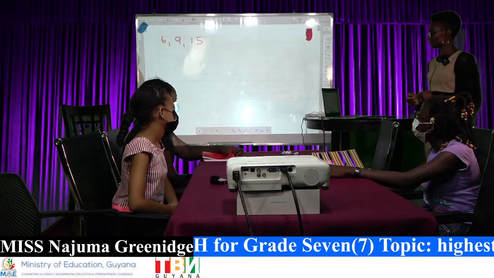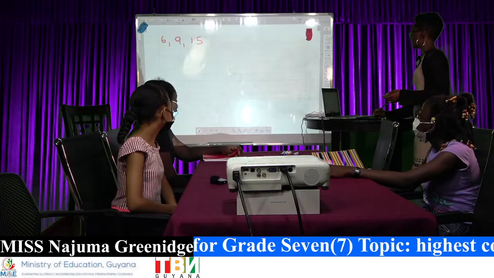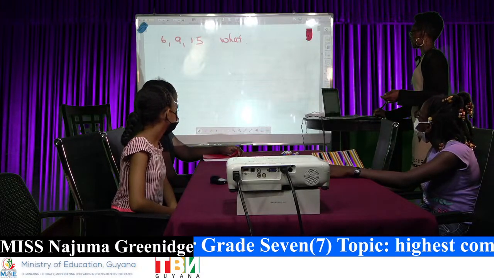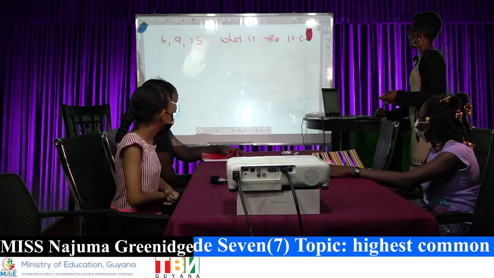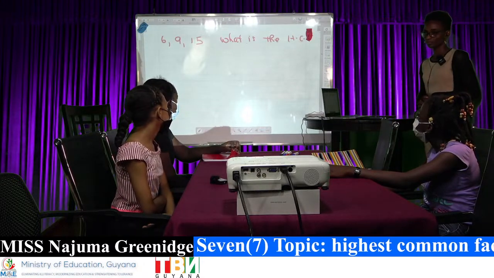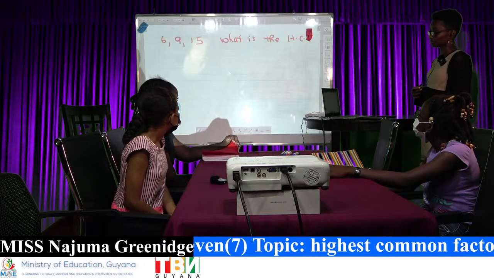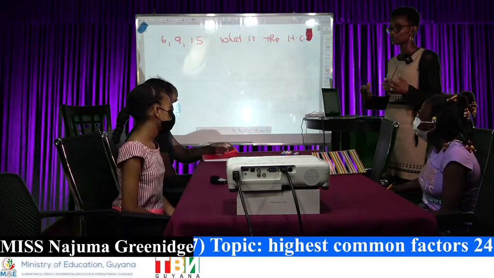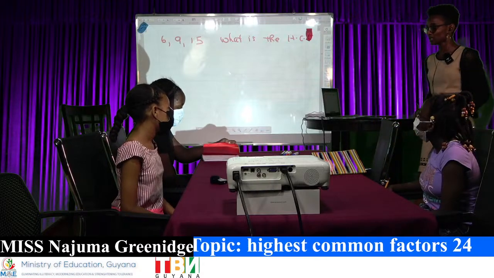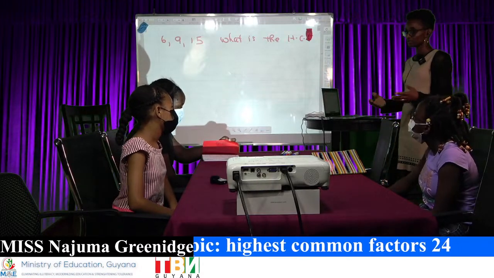Right? And you may want to know what is the HCF of these three numbers. So you can have more than two numbers. You can have three numbers, four numbers, many.